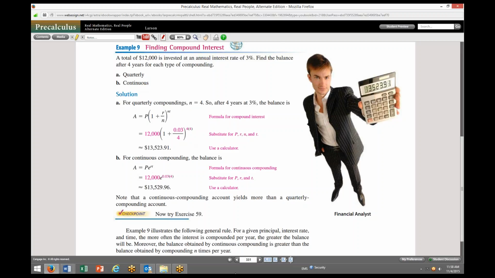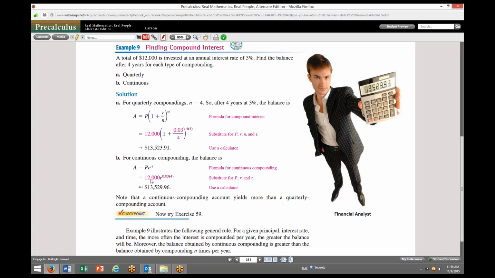Number of years, t, is 4. 0.03 times 4 is 0.12. So capital A, P times e to the rt, is 12,000 times e to the 0.12 power.